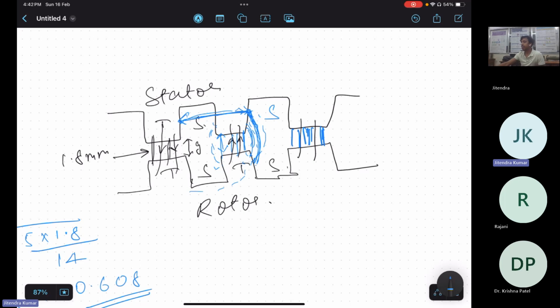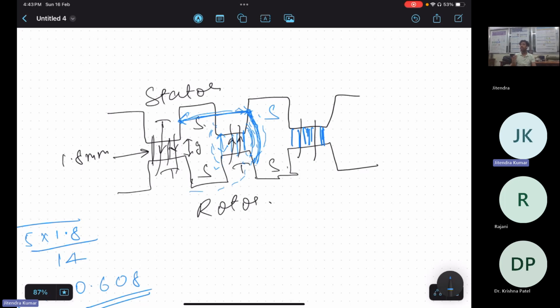Crawling is when your induction motor runs at a speed lower than synchronous speed, at very low speed, because of harmonics in the stator mmf. With the help of the mmf distribution in the teeth, you are not only producing the fundamental component of flux, you are also creating multiple harmonics.